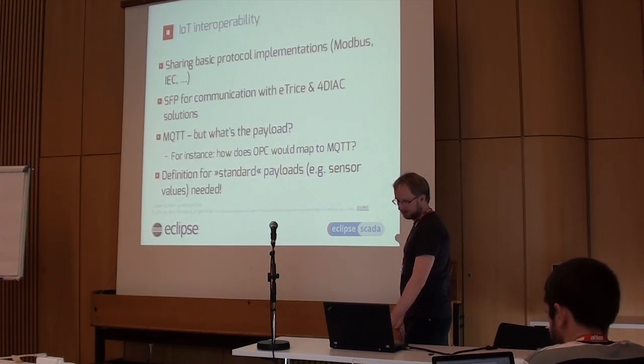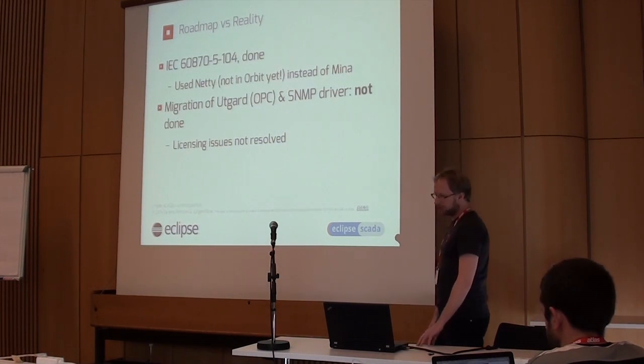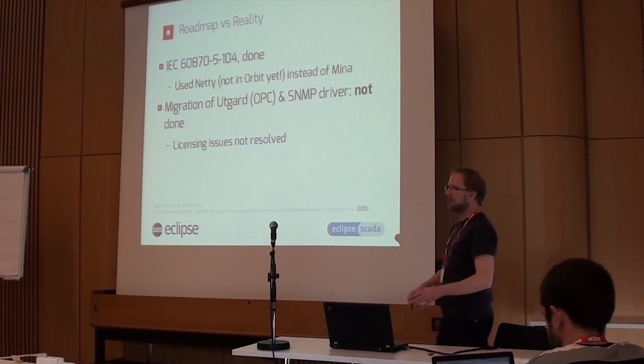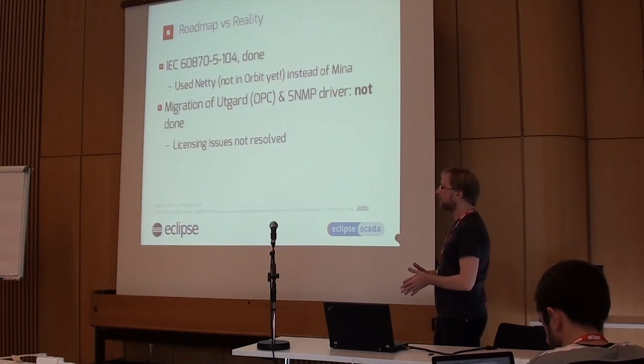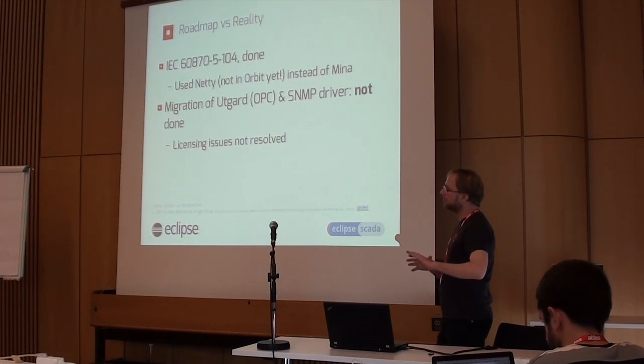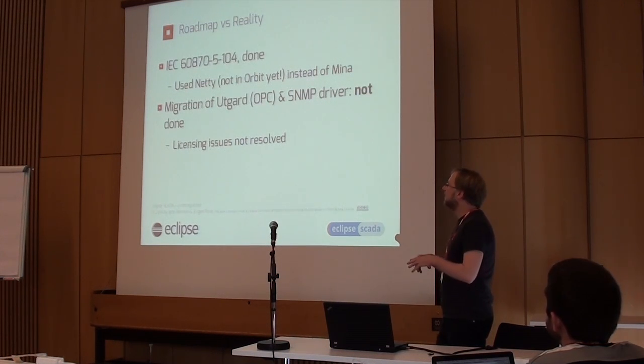Is that the same licensing issue? No, it's different. For UtGuard or OPC, that's not OPC UA, that's OPC DA, the old one. We use a library called J-Interop, which is also used by Hudson. They kicked out the plugin requiring it because of licensing issues. Now, I know the author of J-Interop, and he agreed to make a new version which is based on EPL.